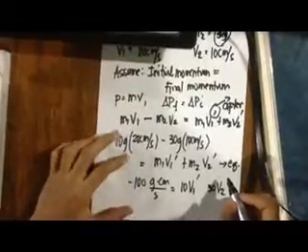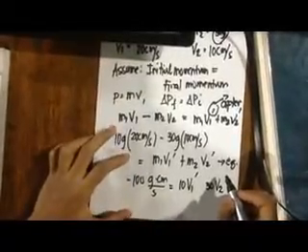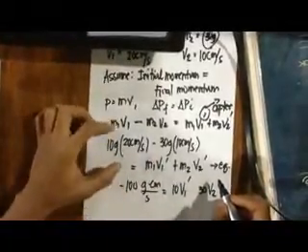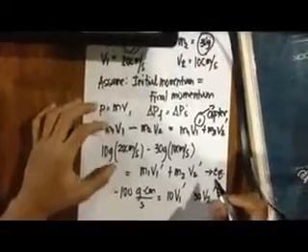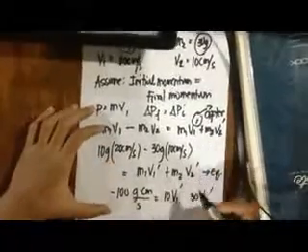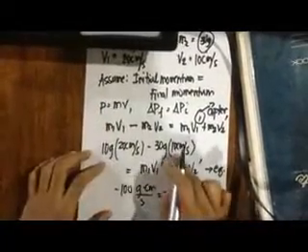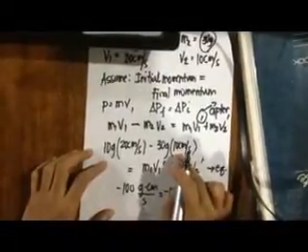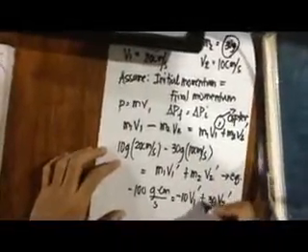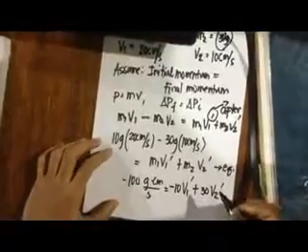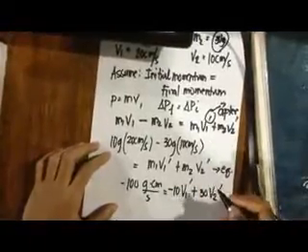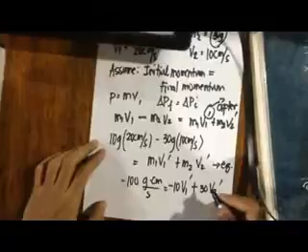If v1 is positive, then it will be negative after. So the velocity of object 1 is positive at the initial, and in the final, it will be negative. So you have to put negative, and if velocity 2 is negative in the initial, it will be positive in the final velocity or final momentum.